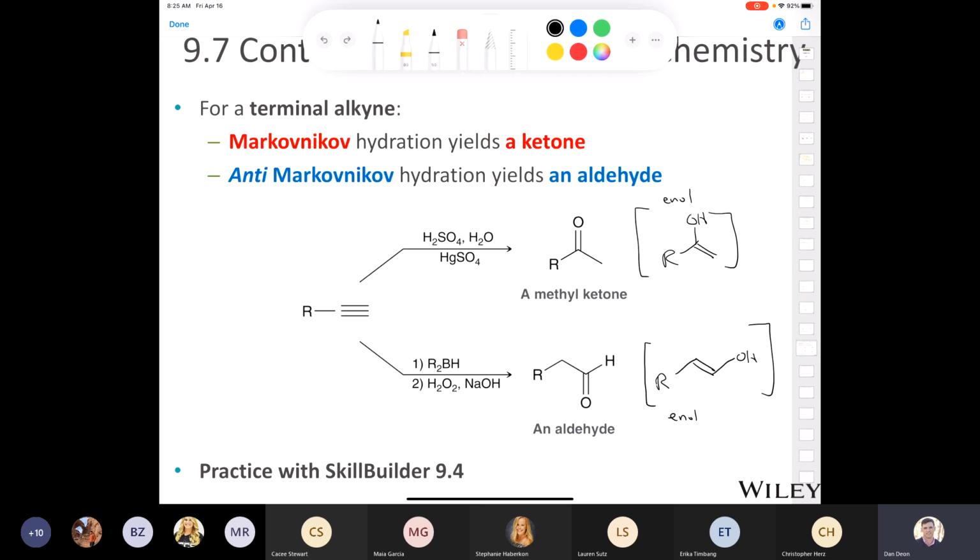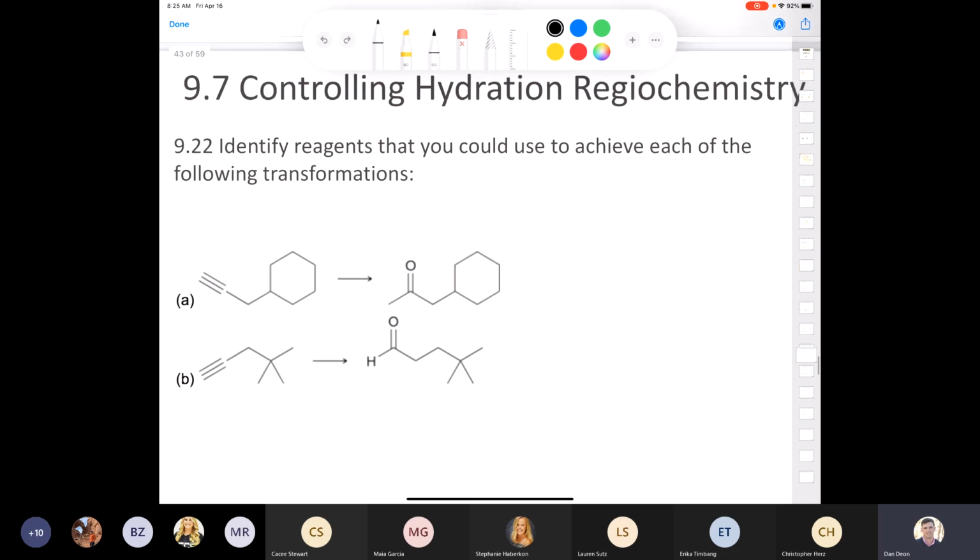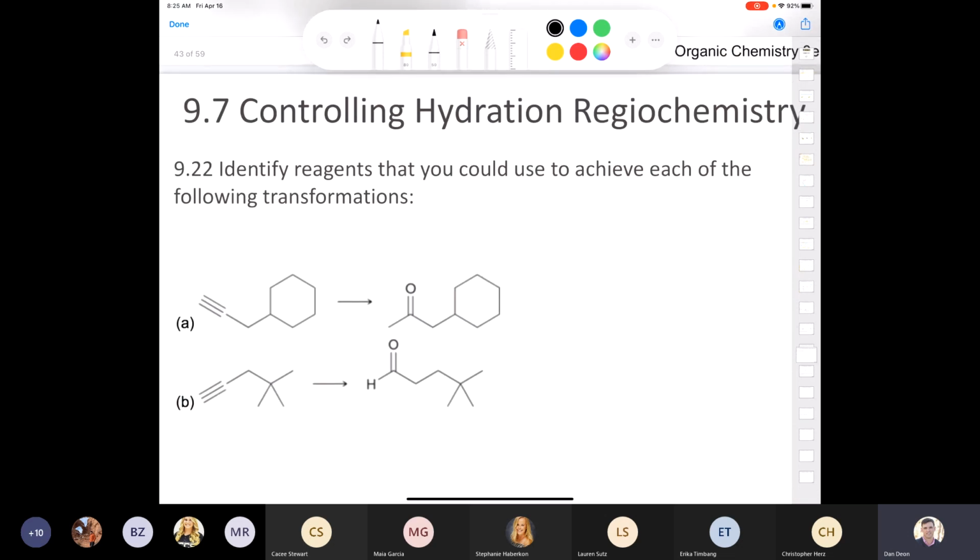With that under our hat, let's see if we can try a practice problem that says identify the reagents that you would use to achieve each of the following transformations. So instead of me just asking you what the reagents are, if I wanted to take this terminal alkyne and convert it to a methyl ketone, would this be a Markovnikov addition of water or an anti-Markovnikov addition of water across that triple bond?